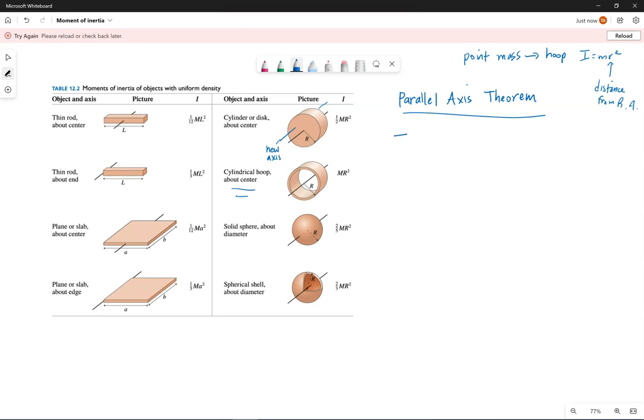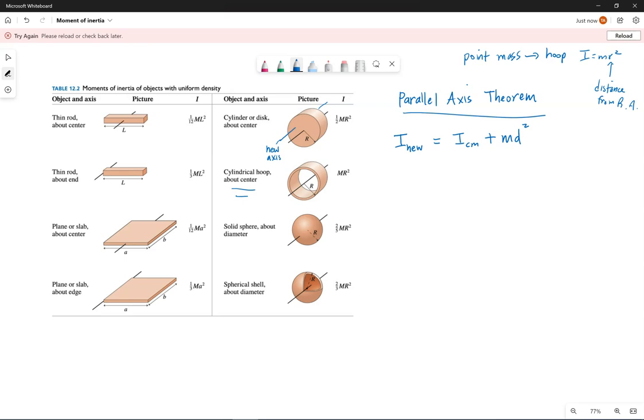The equation looks like this. I new, meaning around this new axis that does not go through the center, can be calculated by taking the I for the center, I CM, center of mass. So I for the object that passes through the center of mass, the rotation axis does, plus md squared.